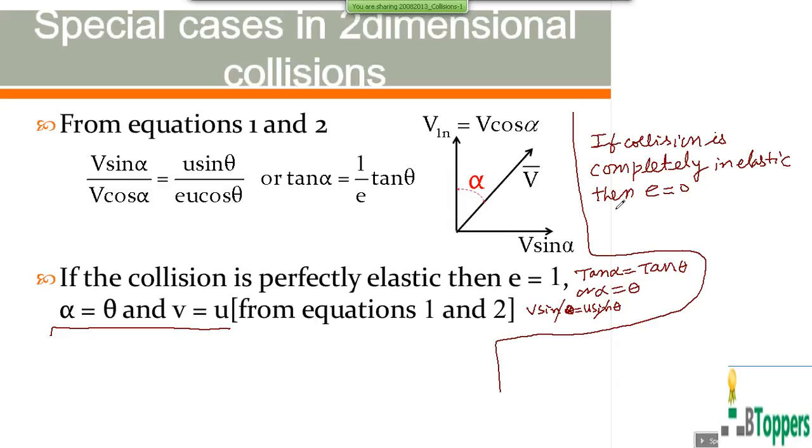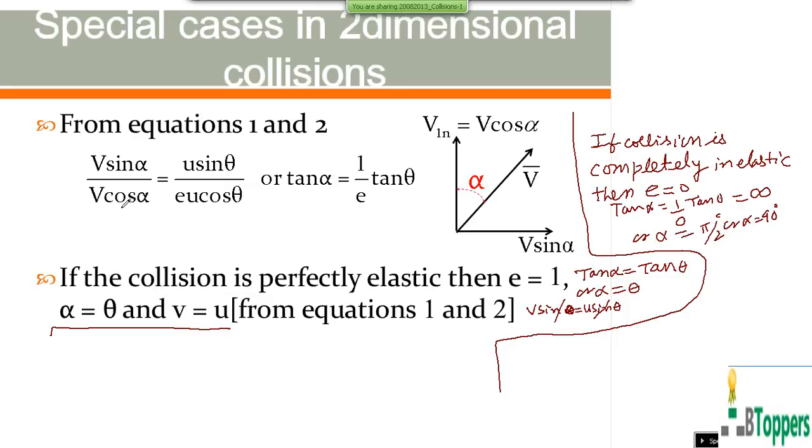If you substitute E equal to 0 here, tan alpha equal to 1 by E times tan theta, that is 1 by 0 into tan theta, that is infinity. So alpha equal to pi by 2, or alpha is 90 degrees.